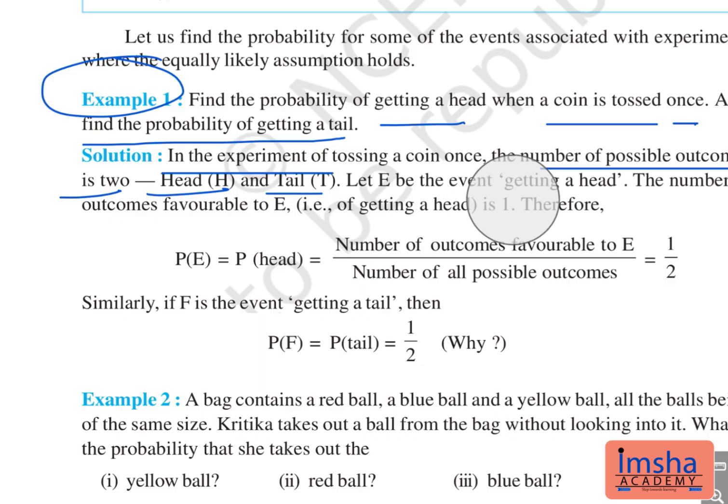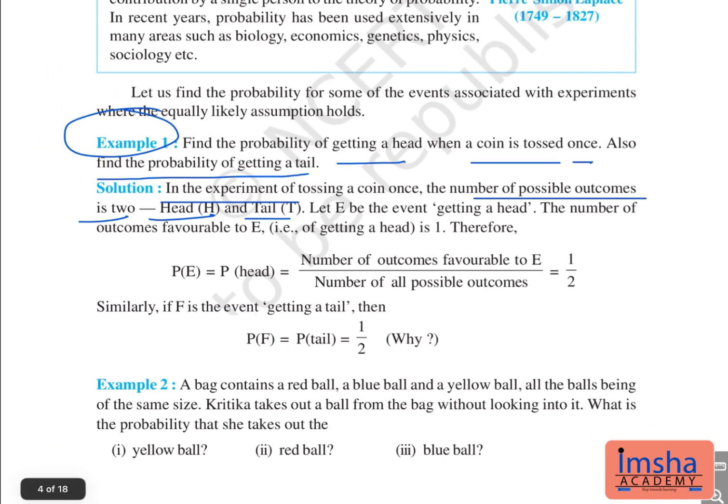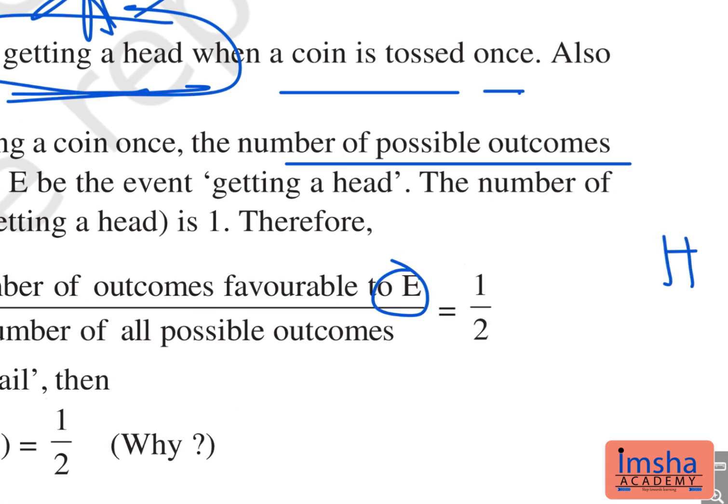So let E be the event of getting a head. Why is the event getting a head? Because they have mentioned getting a head. Find the probability P of E, the probability of getting a head. So P of E is the number of outcomes favorable to event E divided by the total number of outcomes. If it is head and tail, what is the probability of getting the head?